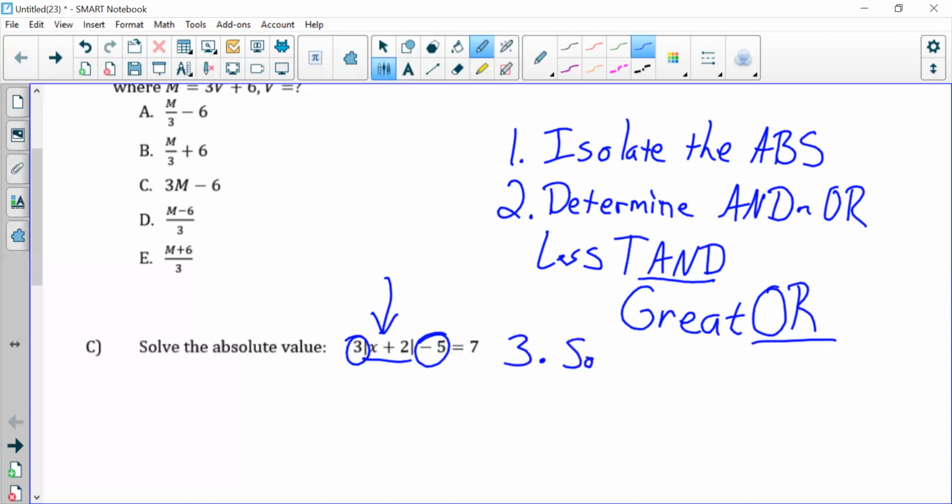Solve for x. And step 4, finally, you're going to graph. Also, with the solve, you want to check if necessary.